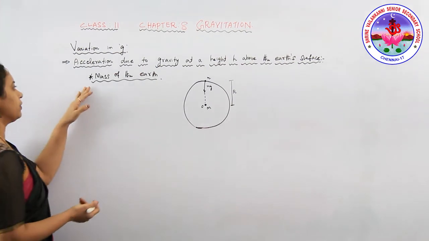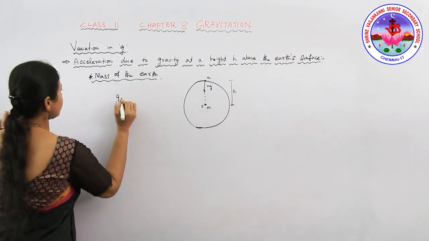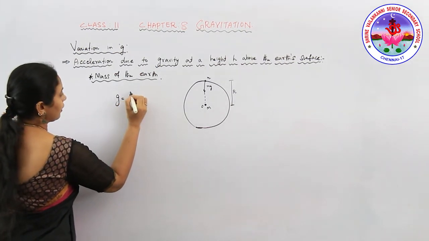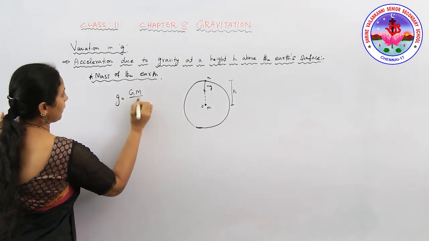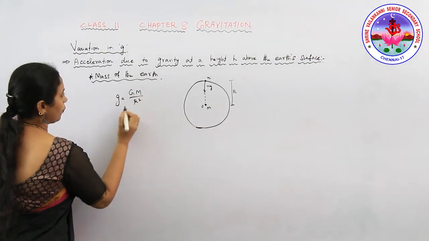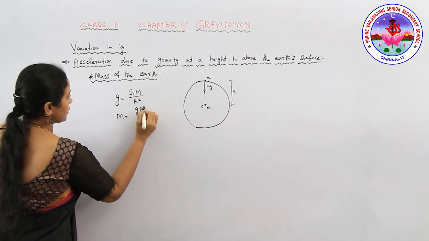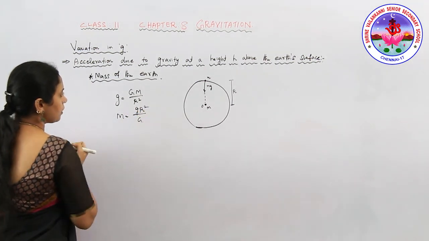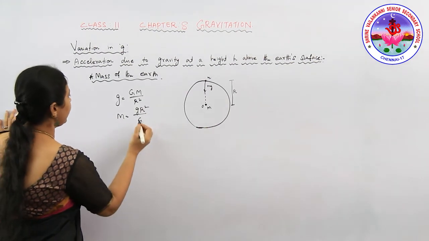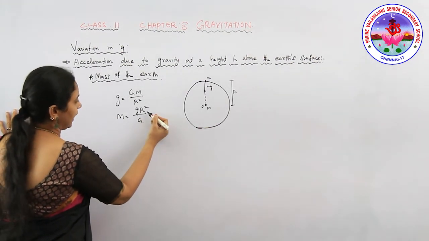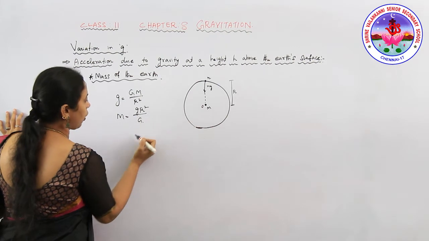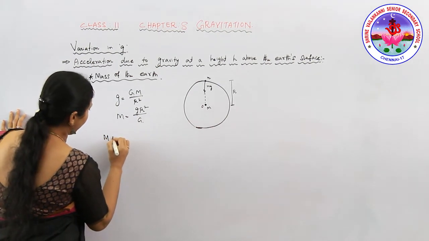Next, the mass of the Earth. We have the relation g equals G M by r square. So we need to know the mass M, which is equal to g r square by capital G. By applying the value of g, the radius of the Earth and the gravitational constant, we can get the mass value.